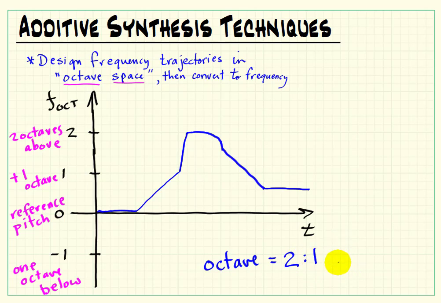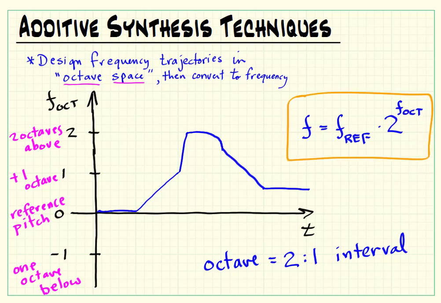Now an octave is a 2-to-1 interval. That's its basic definition. To convert the octave number to frequency, we say take your reference frequency or your reference pitch and you multiply that by 2 raised to whatever you're calling an octave space. I'm calling it F sub OCT, and that's it.